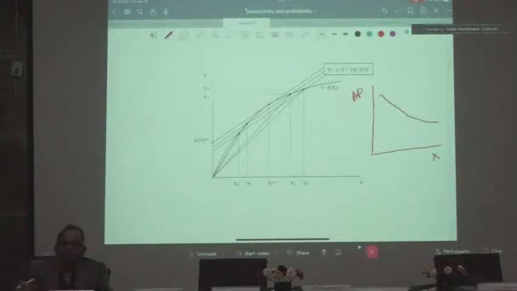It's always like that. The productivity is going to be falling as X increases. That is coming from the concave shape of the production function.